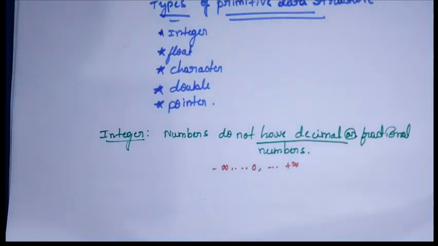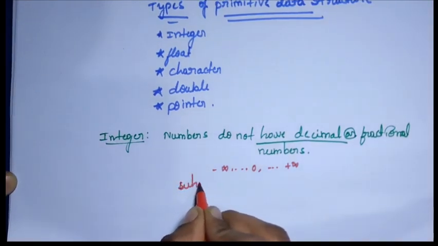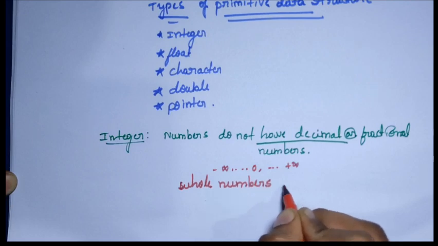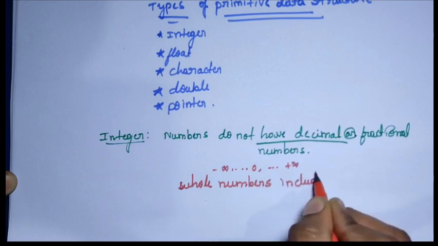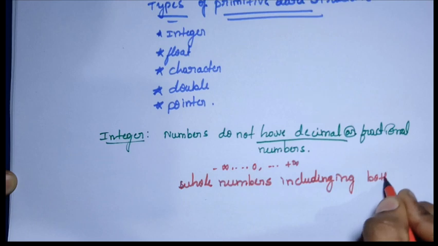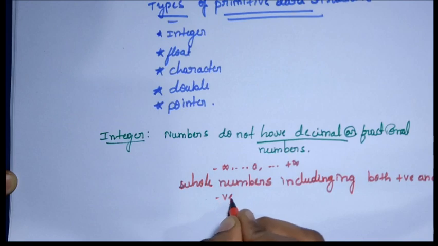Here also an integer can store negative numbers as well as positive numbers, along with 0. In other words, you can define that it can store whole numbers, including both positive and negative numbers.